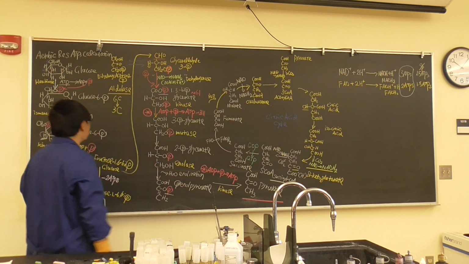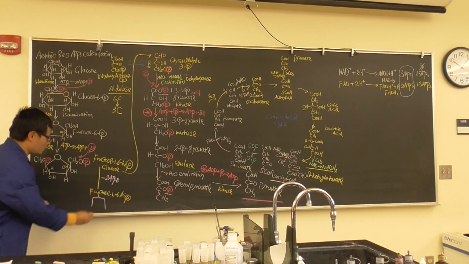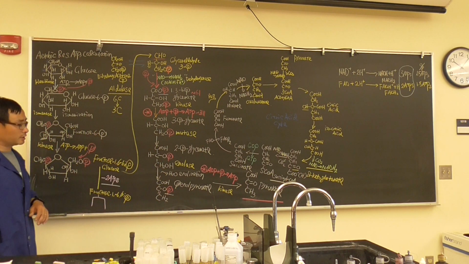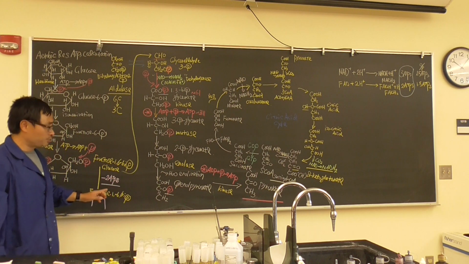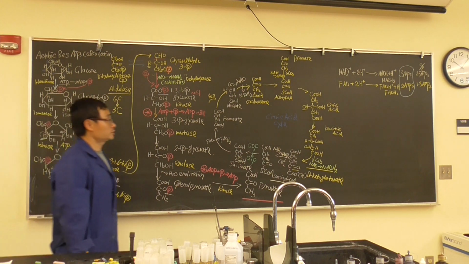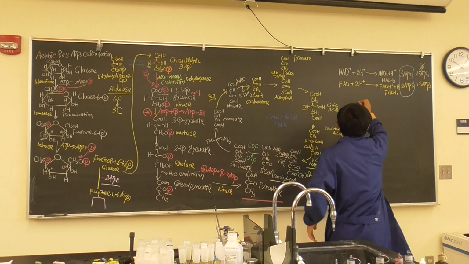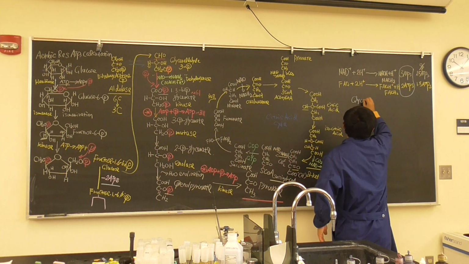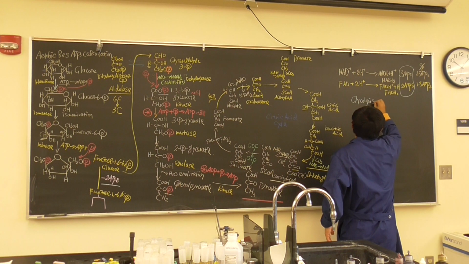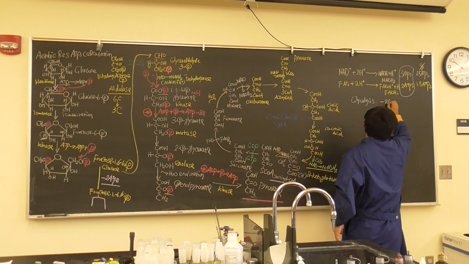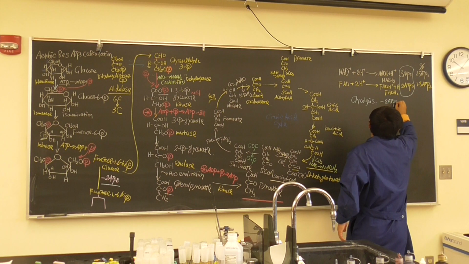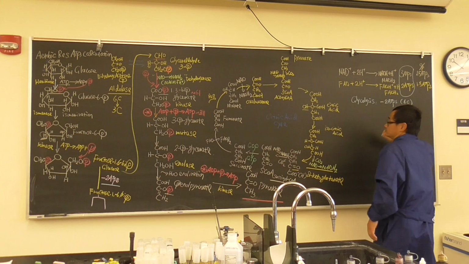Let's talk about glycolysis. We already talked about, in the 6 carbon area is 2 ATP used. So, in the glycolysis, what happened is used 2 ATPs in the 6 carbon area.